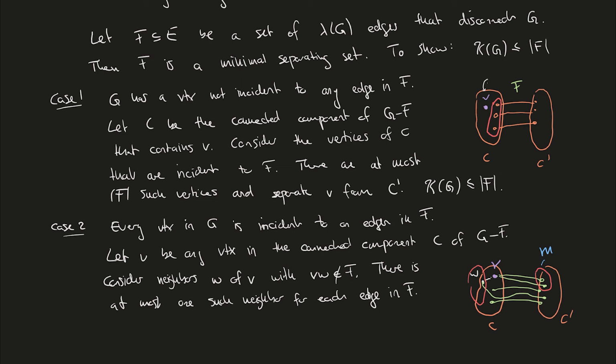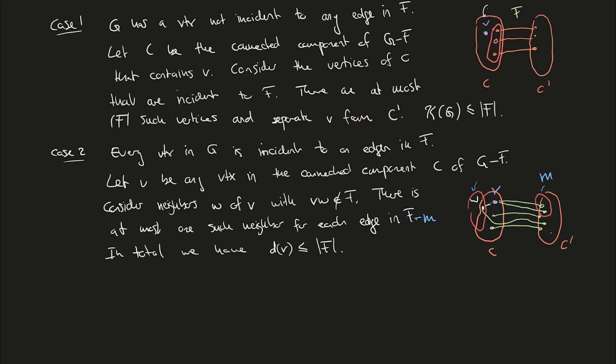And now we know that none of these neighbors can be connected to one of the other types of neighbors via an edge in F, because they are already connected to V. So in fact, there is at most one such neighbor in C for each edge in F minus the edges that are incident to the vertices in M. Therefore, in total, if we consider both types of neighbors, the degree of V, so the number of neighbors of V, is at most the size of F. Again, this is because each one of the neighbors of V corresponds to at least one edge in F.